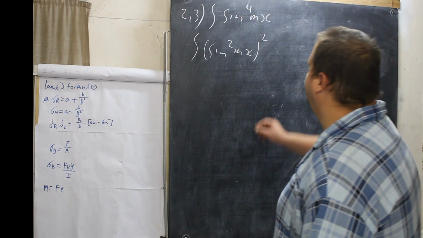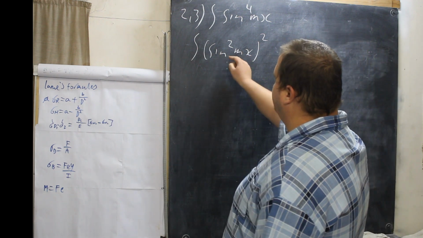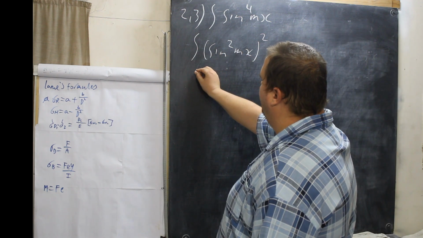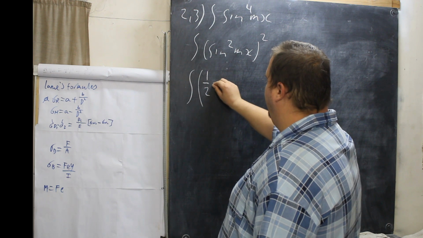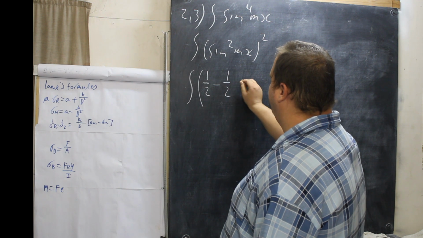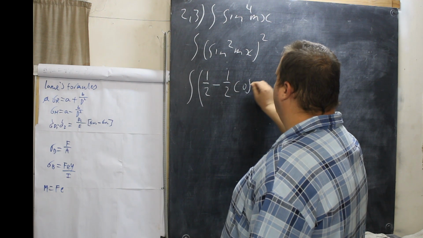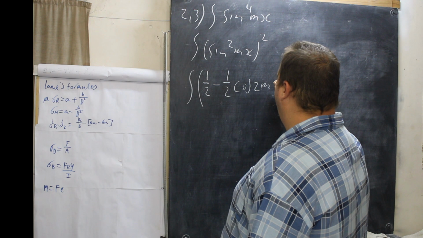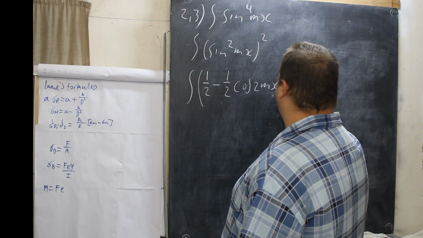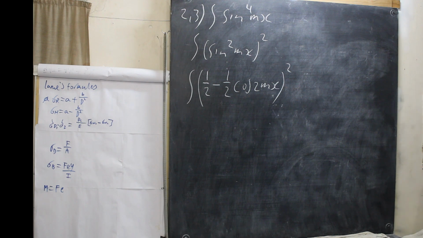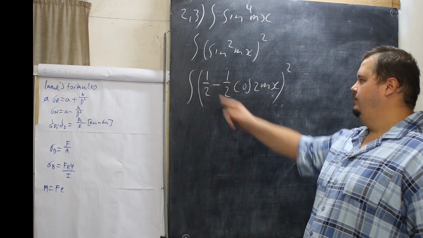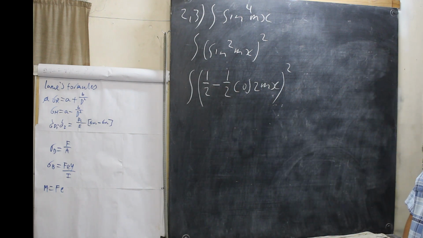Next step is we take this, and now this will be the integral of (a half minus a half cos 2mx) squared. This is an identity of sin squared. Cos is exactly the same except with a plus.